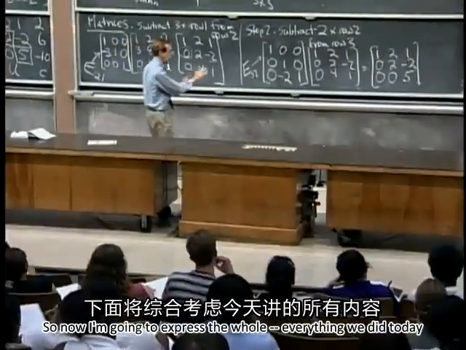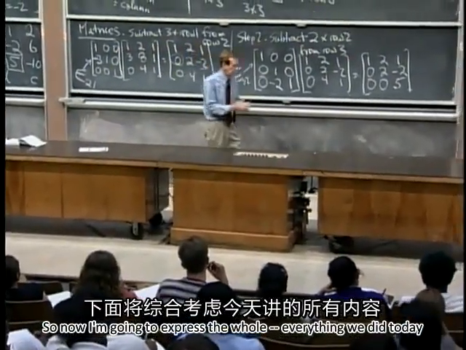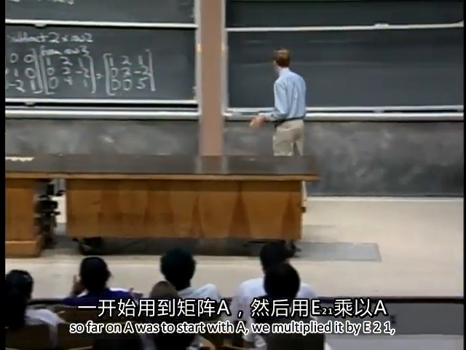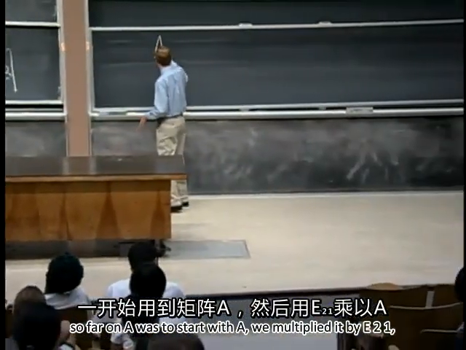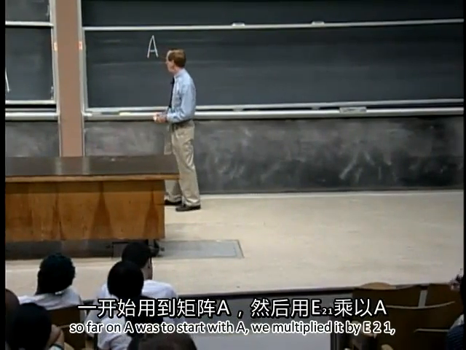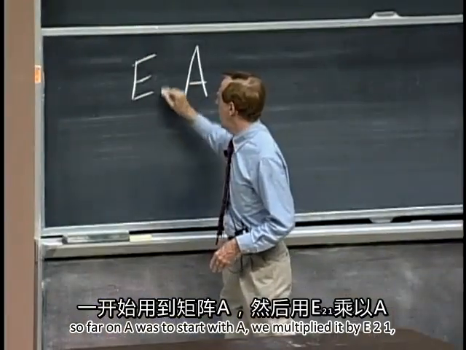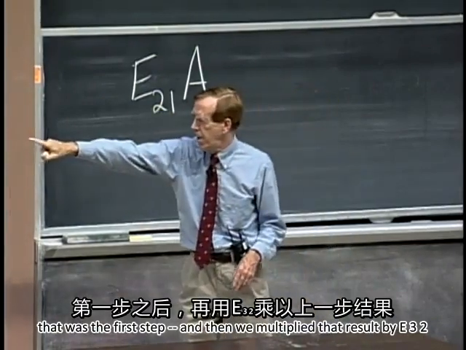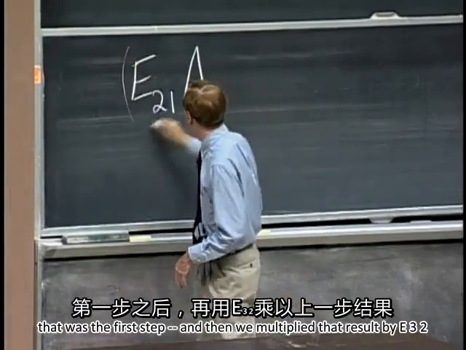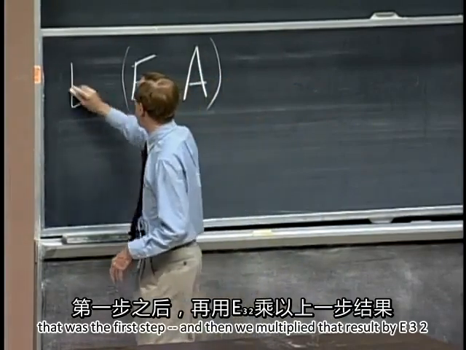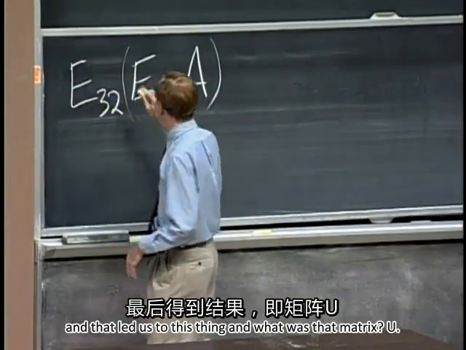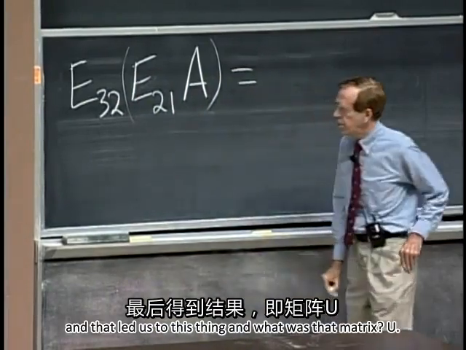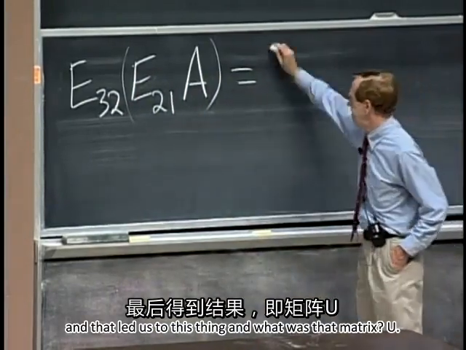So now I'm going to express everything we did today so far on A. We started with A, multiplied it by E21, that was the first step, and then multiplied that result by E32, and that led us to this thing. And what was that matrix? U.